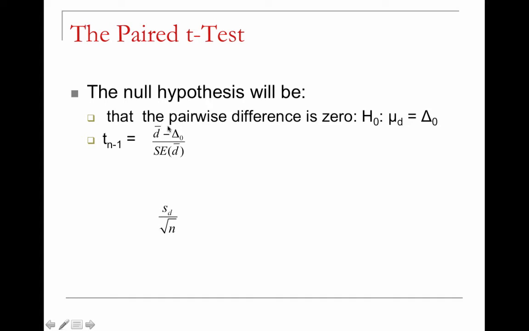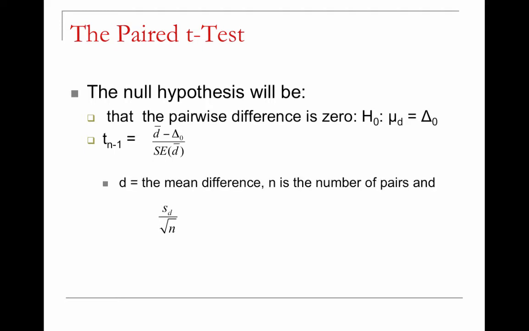So d bar is the mean of all of the differences minus your null hypothesis divided by the standard error, where again d with a bar over it is the mean difference, and n is the number of pairs. And then the standard error is the standard deviation of the differences divided by the square root of n. So really the equations haven't changed at all, it's just we're only looking at the differences.